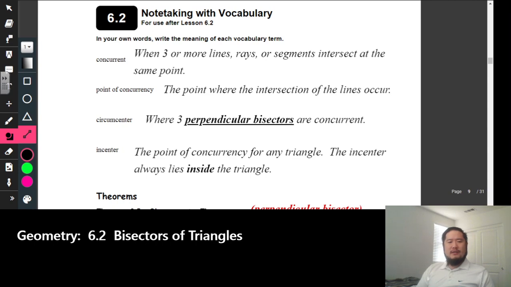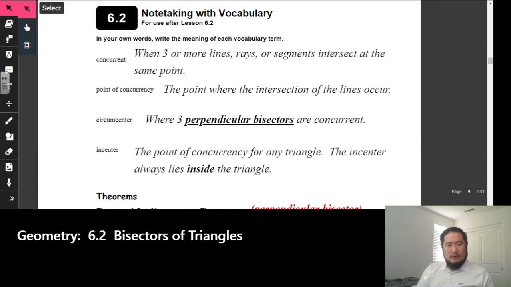The first one, concurrent. That is when three or more lines, rays, or segments intersect at the same point. So let's say I draw just three lines.